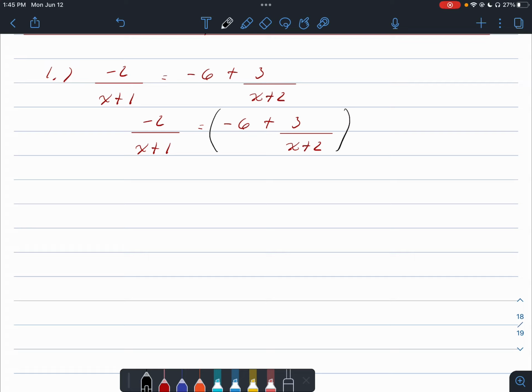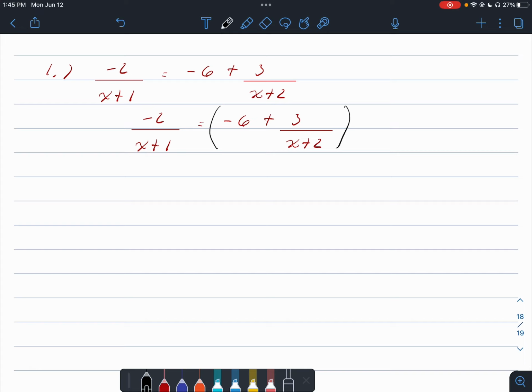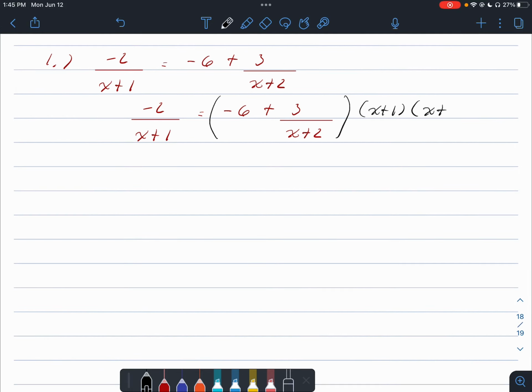The two denominators in this problem that might give us an issue are x plus 1 and x plus 2. So let's multiply both sides by x plus 1 times x plus 2. Let's do the same thing here: x plus 1 times x plus 2.